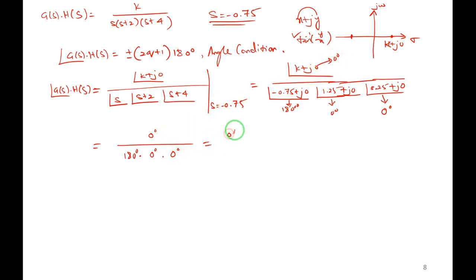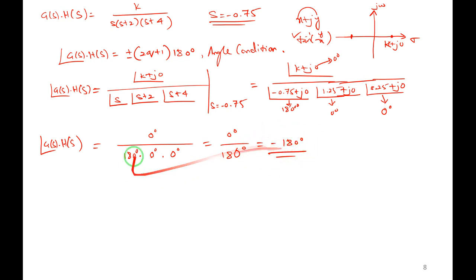Then we should always add the angles, not multiply them. 180 degree plus 0 degree plus 0 degree. So in the denominator I got 180 degree. This is the angle of g of s into h of s. If I take it to the numerator, 0 degree minus 180 degree, finally I get minus 180 degree. Does this satisfy the angle condition or not?